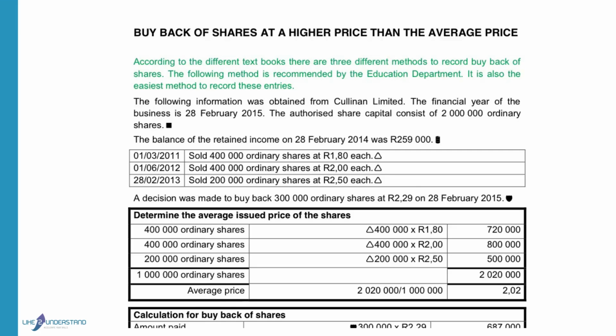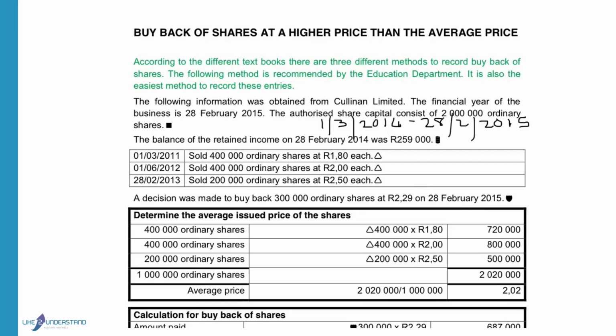The following information was obtained from Cullinan Limited. The financial year of the business ends on the 28th of February 2015. So the financial year of this business is from 1 March 2014 to 28 February 2015.